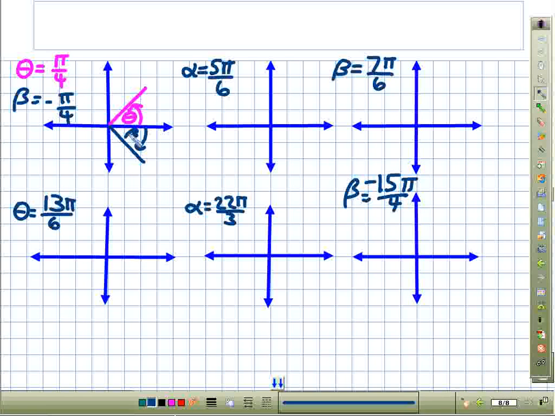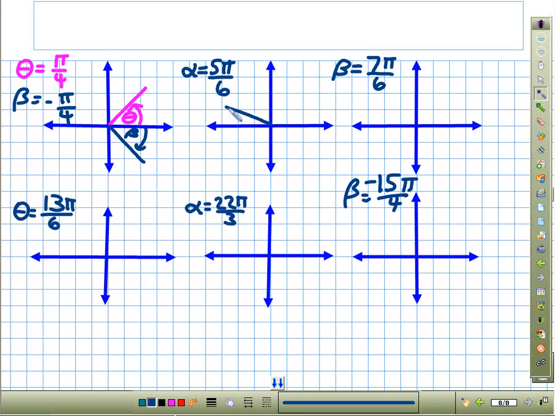So if you look at alpha, where do you think the terminal side of this angle would end up? It's 5/6 of pi. So where is 5/6? Well, think about it. 6/6 is all the way around to pi, isn't it? 6 pi over 6, that's pi. So 6/6 would be somewhere over here.